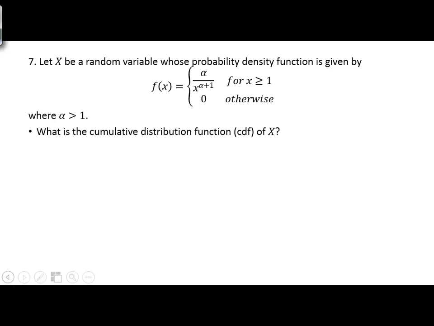So what is the cumulative distribution function, the CDF of x? I have the PDF. How do I get the CDF from the PDF? Integral, exactly right. The CDF is the integral from negative infinity up to x of the PDF, f of y dy.